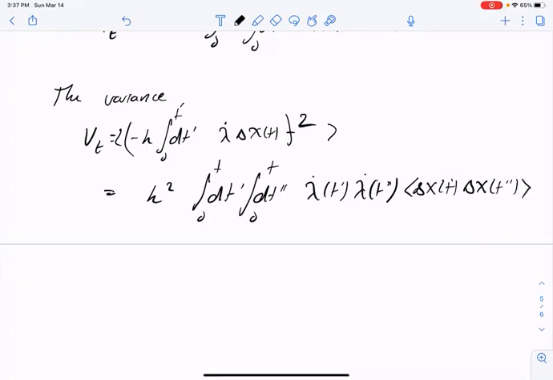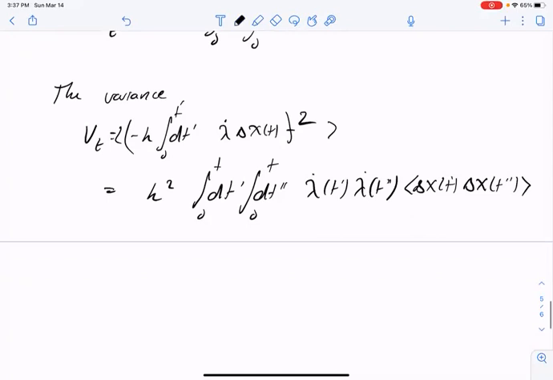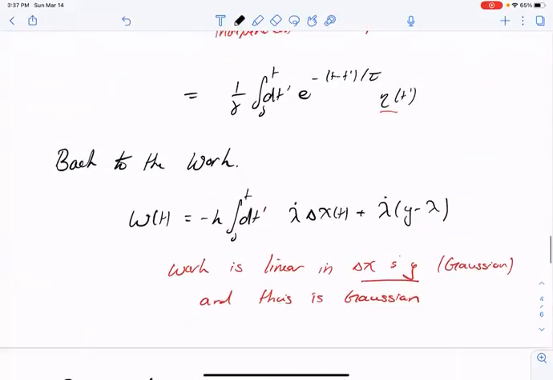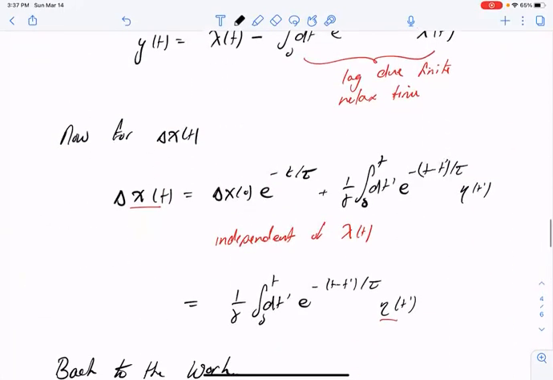All right. To evaluate that, we need the correlation function. So what is the correlation function of delta x of t prime, delta x of t double prime? Well, exactly because delta x does not know about lambda, there's no lambda that determines its trajectories, that correlation function is independent of lambda, and thus we can work it out as an equilibrium time correlation function.